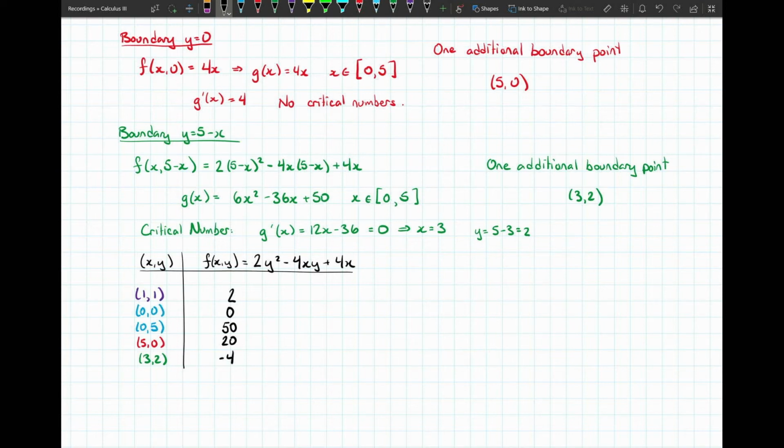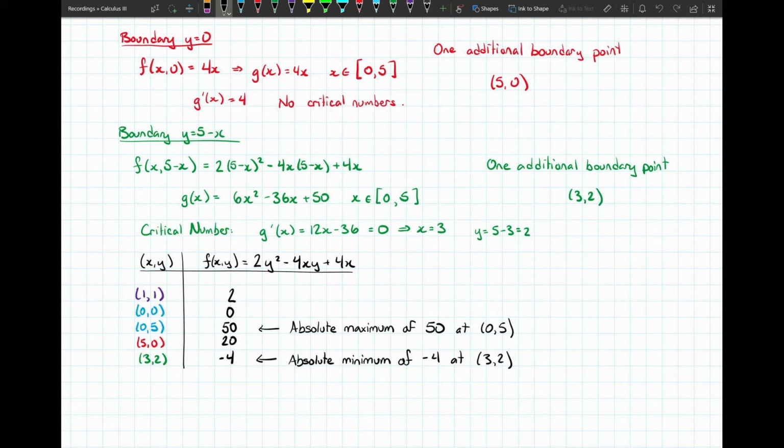So that must be our absolute minimum. We can just simply state those 2 results. We get an absolute maximum value of 50 at the location of the point 0, 5 in the region T, and we get an absolute minimum of -4 at the point 3, 2 in that triangular region.